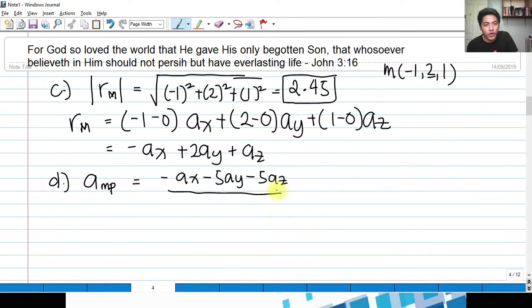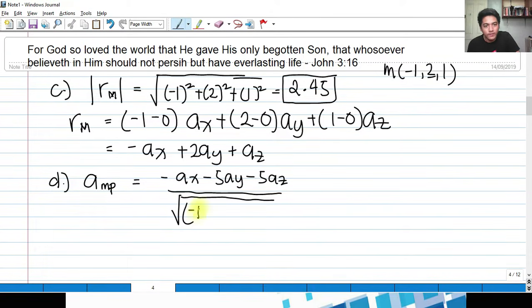Remember, we get the unit vector by taking the vector itself as the numerator, divided by the magnitude of the vector itself.